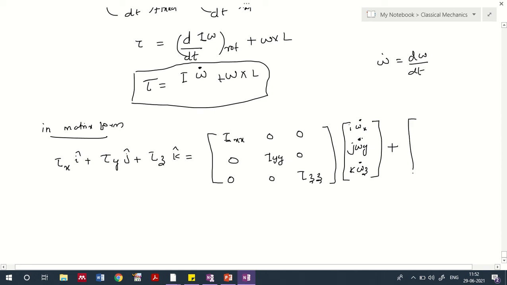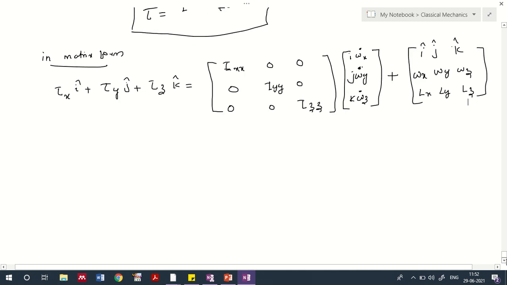So we can keep it as a matrix like this: i j k, omega x, omega y, omega z, and Lx, Ly, and Lz.